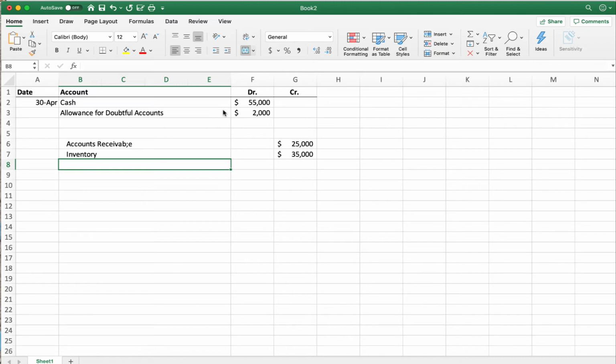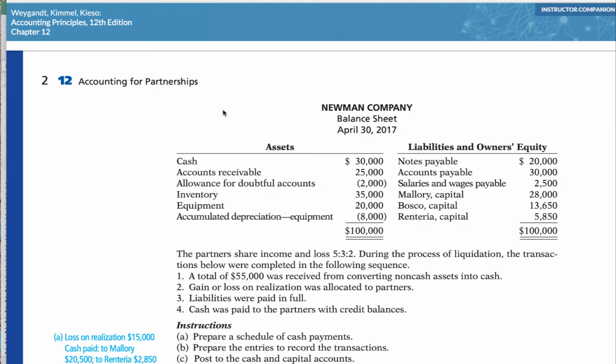This is why we have to use the book balance. Whatever it's on the books for, that's what we've got to get it off the books for. Totally different from when we're contributing assets. When we're contributing assets and starting a partnership, we use the fair market value. When we're taking everything off the books, we have to use the book value. So we got inventory off the books.